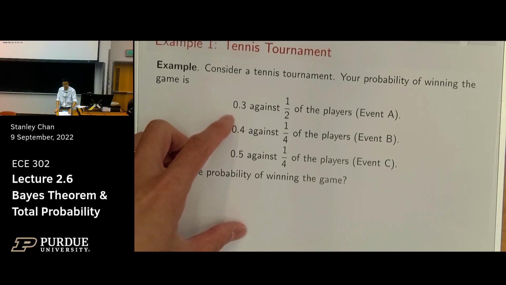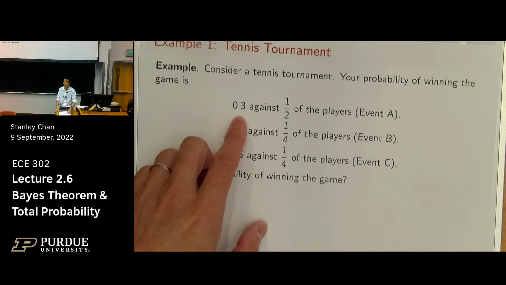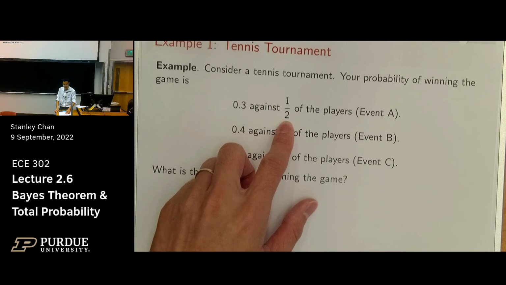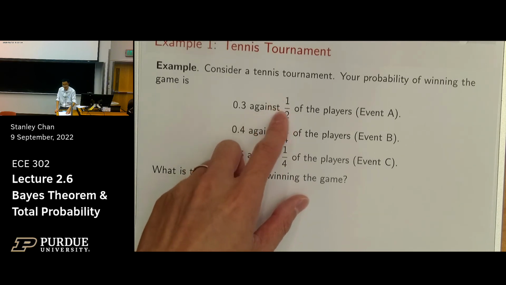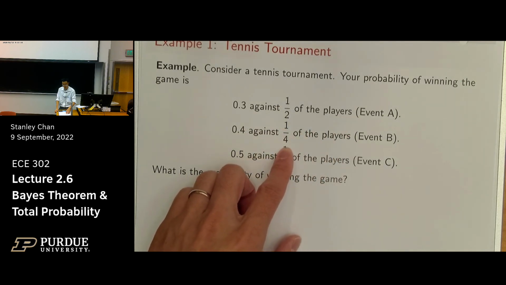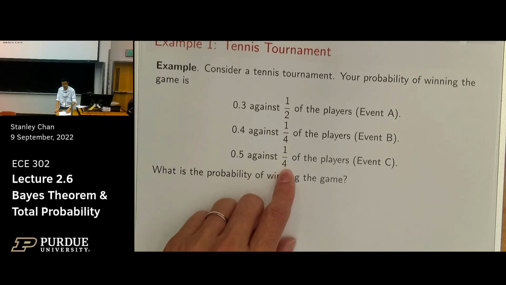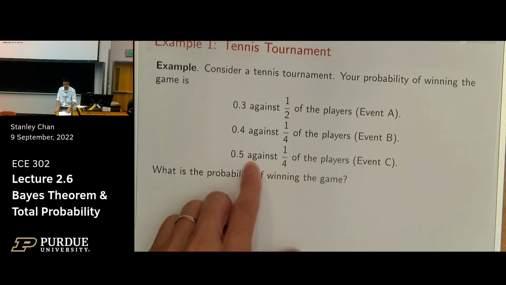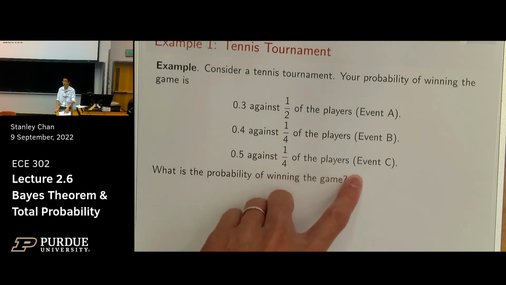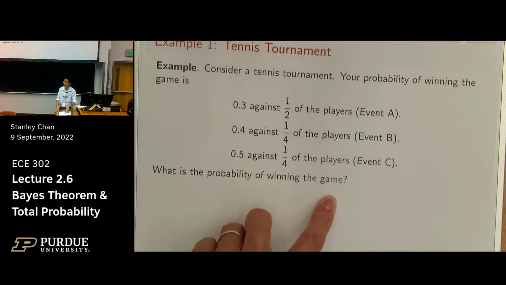You have a 0.3 chance of winning against a type A player, and half of the players are player A. Then 1/4 of the players are player B, and you have a higher chance of winning over them. Player C are the easy players, and you have 0.5 probability of winning over this 1/4 of the players. So what is the probability of winning the game overall?